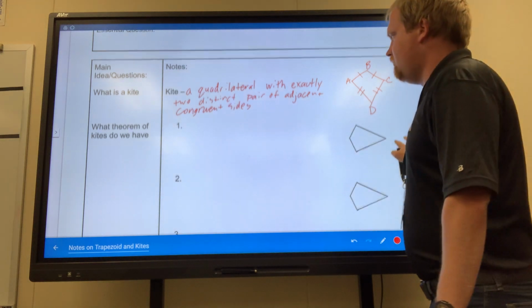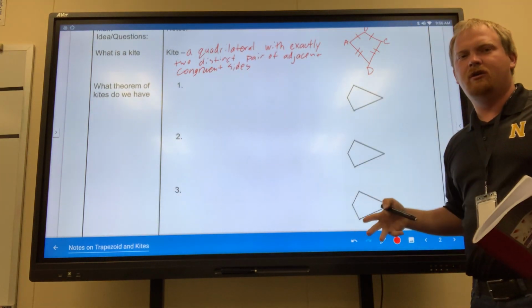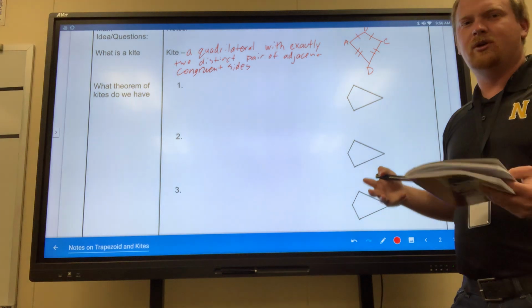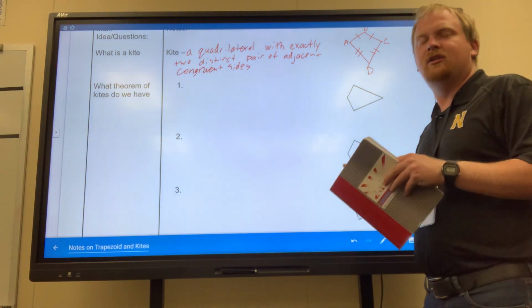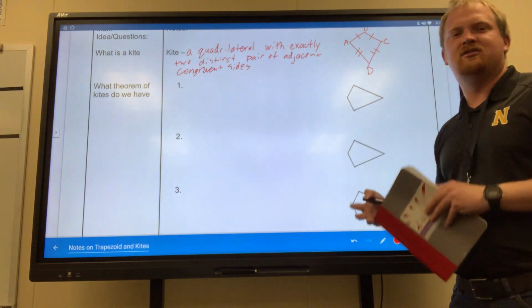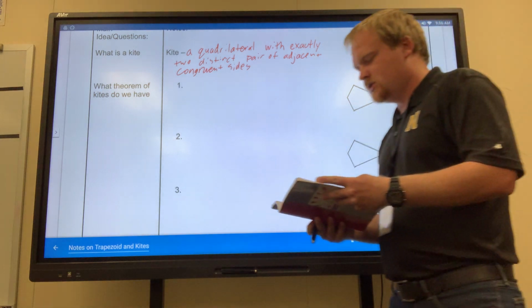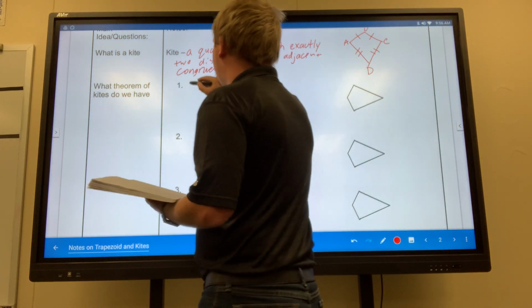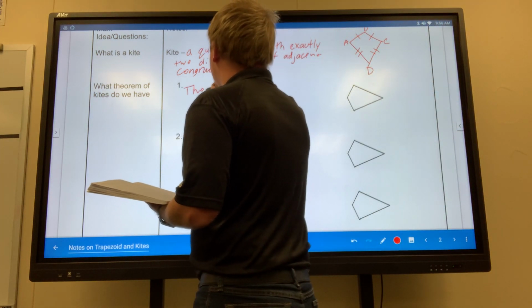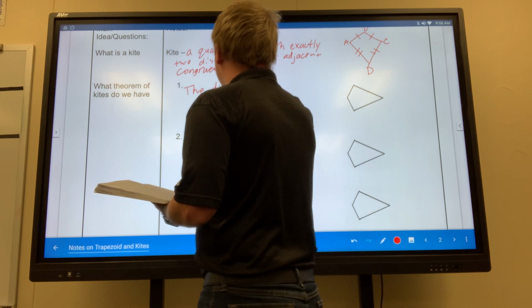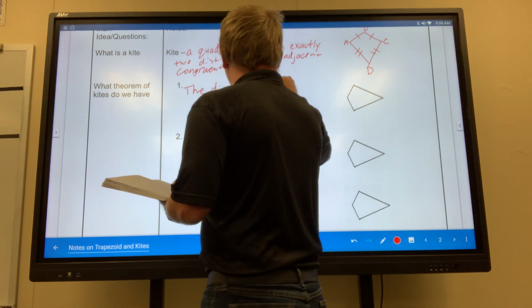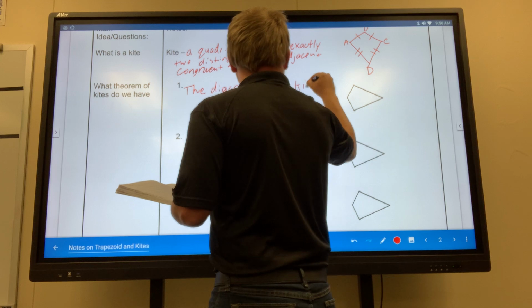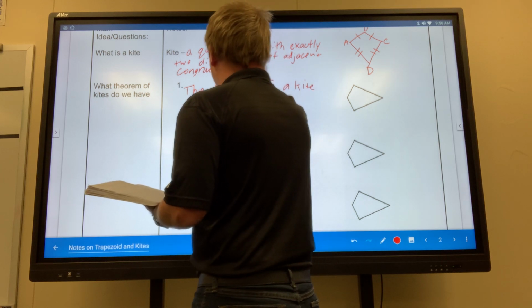Now, we're mainly going to be talking about theorems for this, but I also want you to recognize how these images or how these theorems look. So for example, one theorem states that the diagonals of a kite are perpendicular.